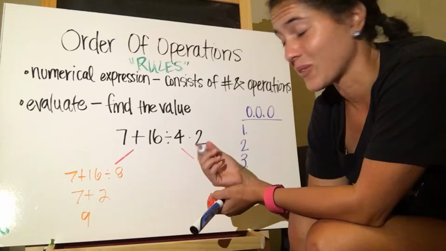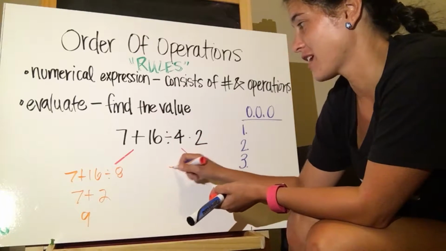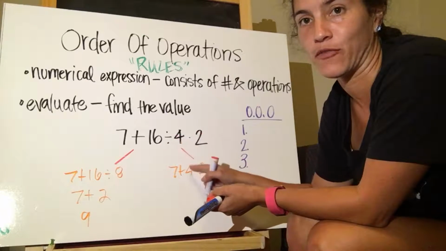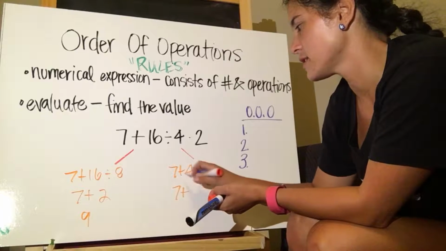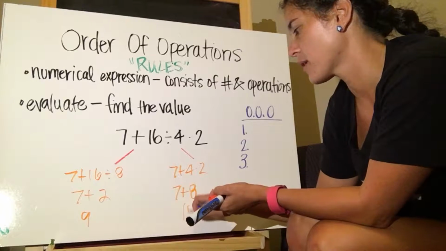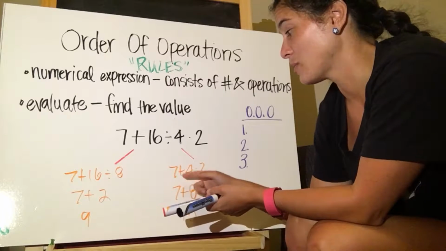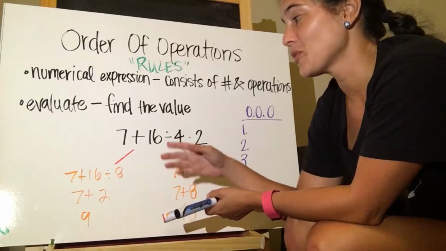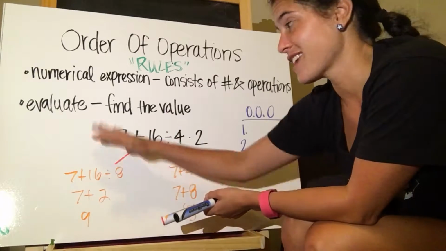I could also do 16 divided by 4 first, and I would get 7 plus 4 times 2. 16 divided by 4 is 4. Then I would do 4 times 2, and I would get 7 plus 8, and then I would come out with 15. You could also do 7 plus 4 is 11 times 2 is 22. There's other ways you could do it, the same expression.